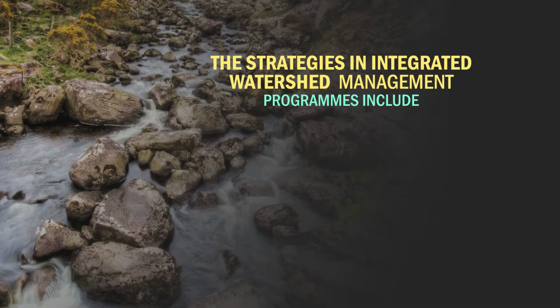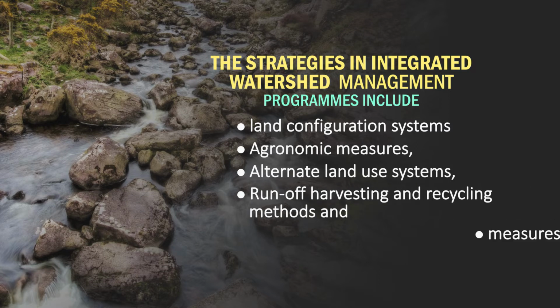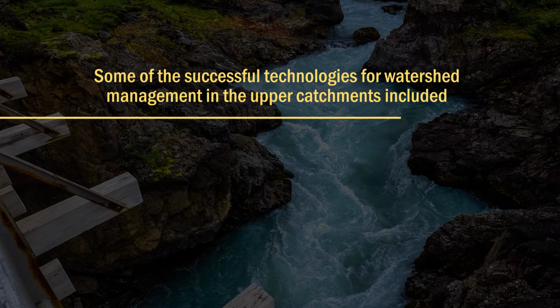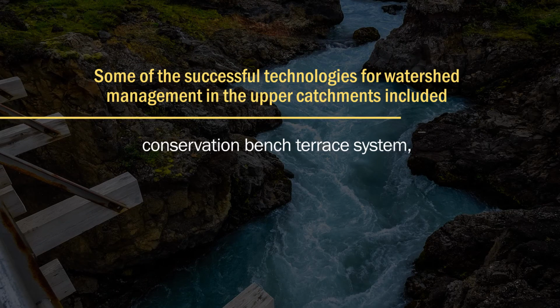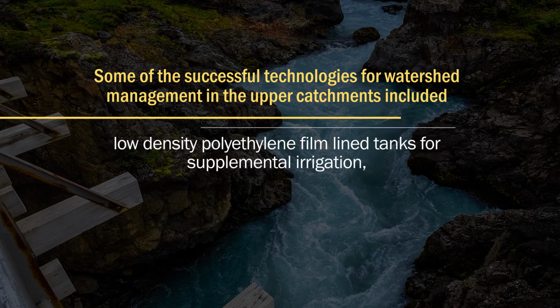The strategies in integrated watershed management programs include land configuration systems, agronomic measures, alternate land use systems, runoff harvesting and recycling methods, and measures for control of mass erosion problems. Some of the technologies for watershed management in the upper catchment, which we will find very easily in the literature, include organic mulching, conservation bench terrace system, horticulture development in valley and other suitable lands, and low density polyethylene film lined tanks for supplemental irrigation, which is very common in most of the mountain areas, especially when I travel across Uttarakhand.